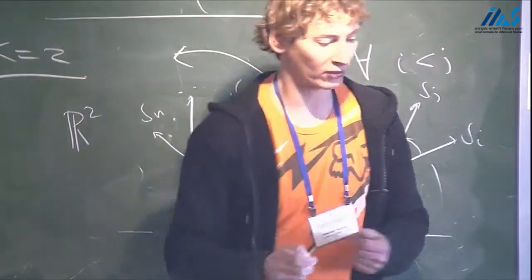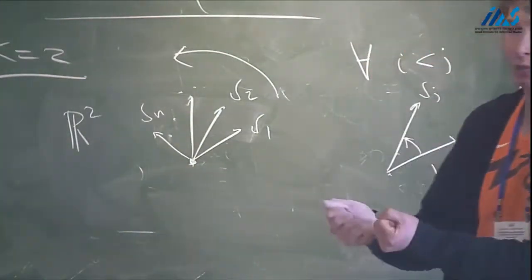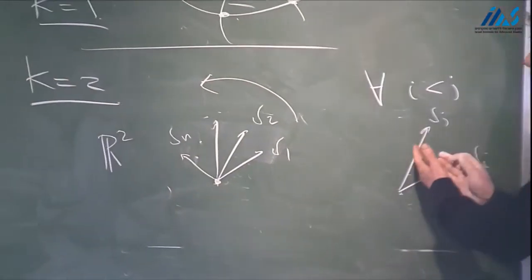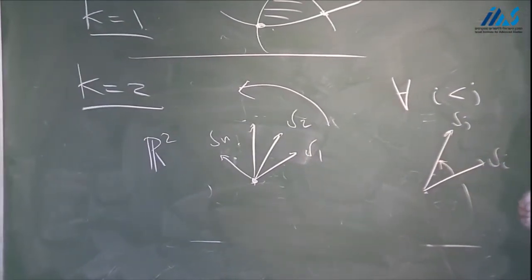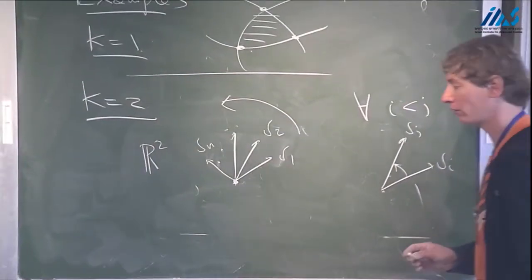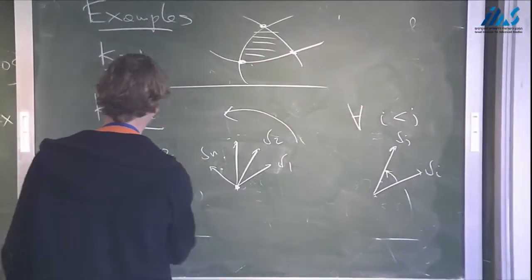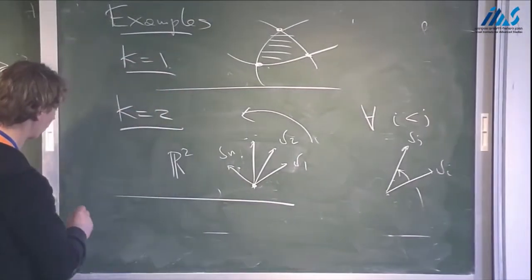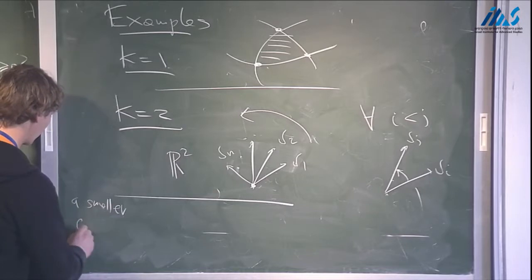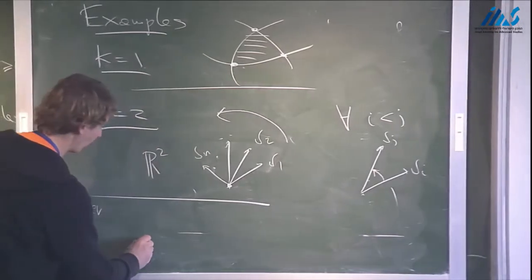Now, if you want a smaller dimensional cell, that means you allow some degenerations. You allow some minors to be equal to 0. That means you allow some of these vectors to become parallel to each other. Here is an example of a smaller cell.